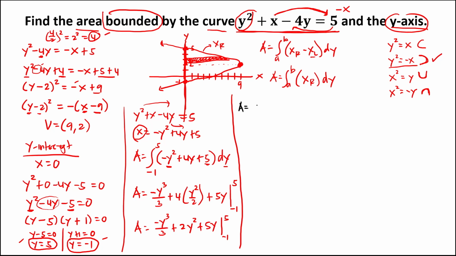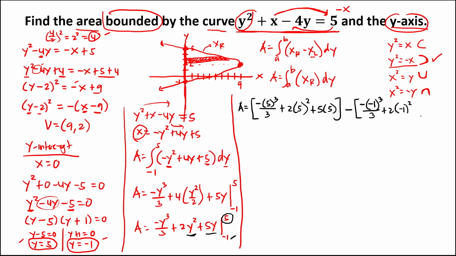So area equals, starting with the upper limit, y equals positive 5: negative 5 to the power 3 over 3 plus 2 times 5 squared, plus 5 times 5, then minus the lower limit, y equals negative 1: negative 1 to the power 3 over 3 plus 2 times negative 1 squared, plus 5 times negative 1.